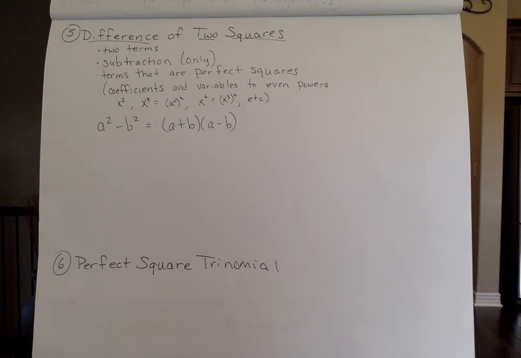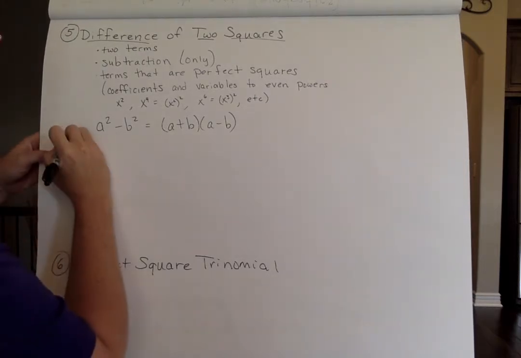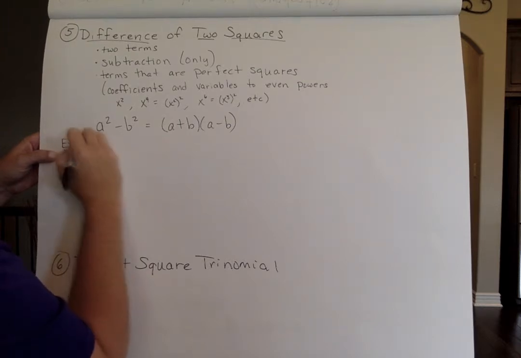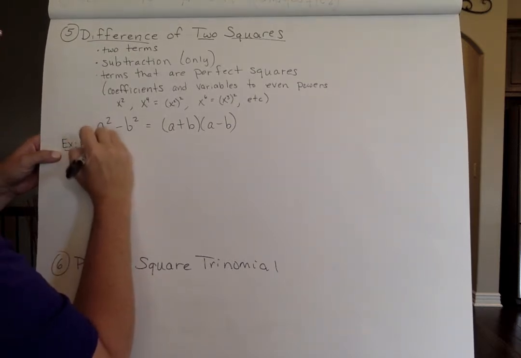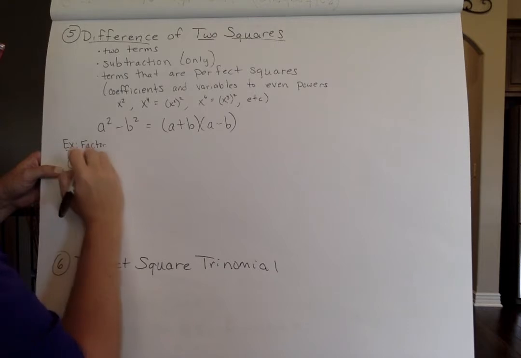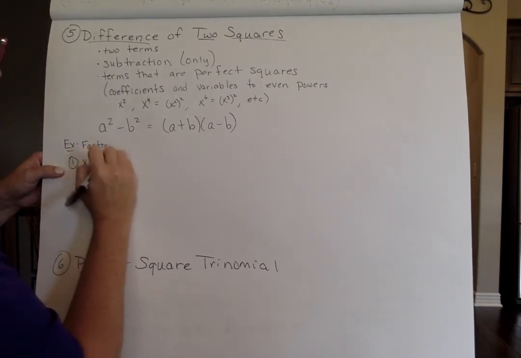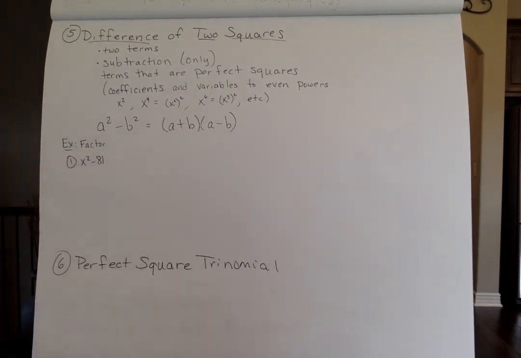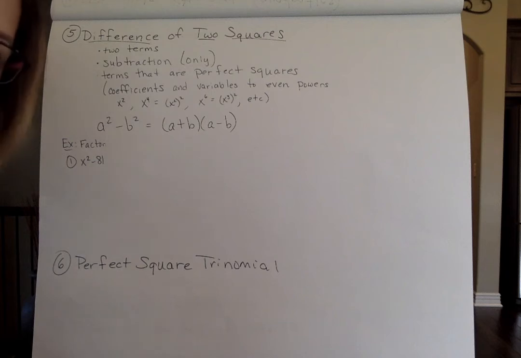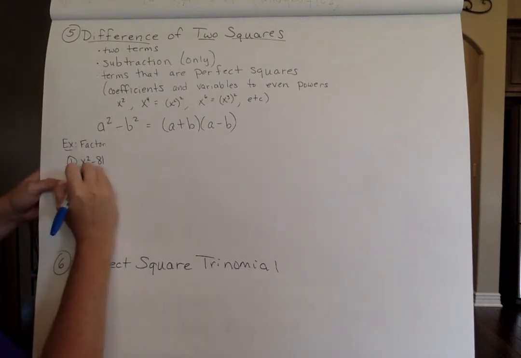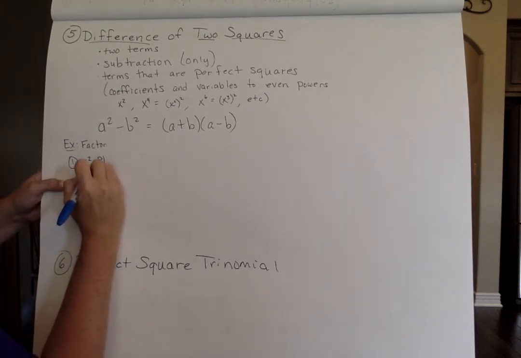Okay. So let's look at a couple of examples here, maybe several. Factor. Number 1, x squared minus 81. Sometimes what you might want to do, and again, this one isn't so bad, but in some of the problems, it might be nice if we write underneath what was squared, right?